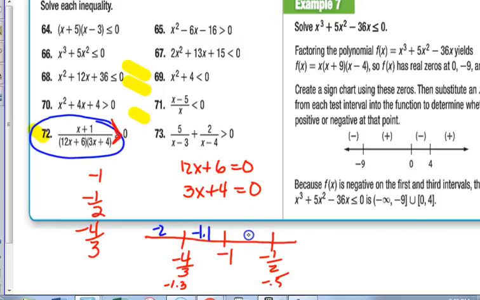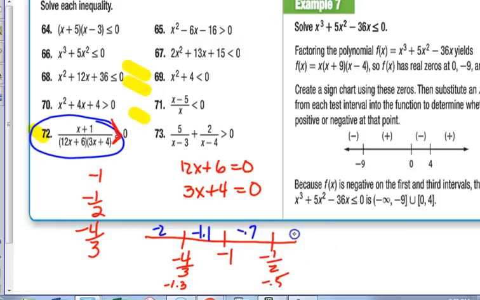Between -1.3 and -1 was -1.1, -1.2. Okay, between -1 and -0.5. -0.4. -0.2. I heard so many wrong answers, I'm frightened.